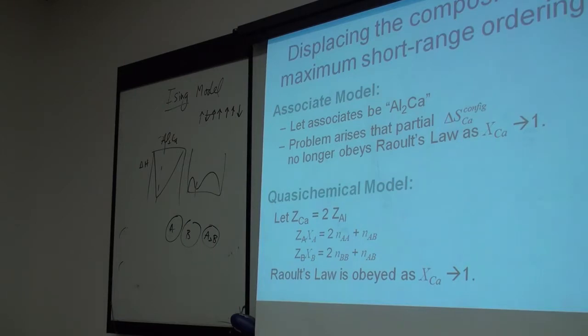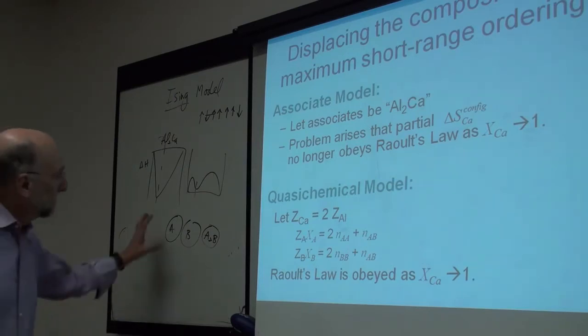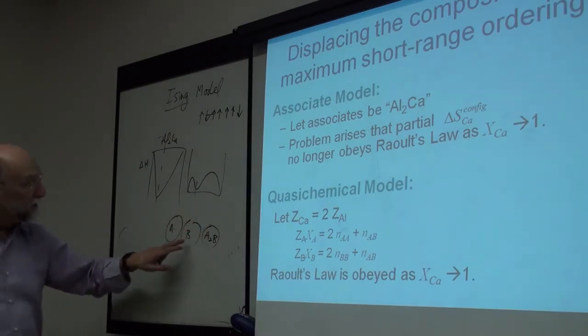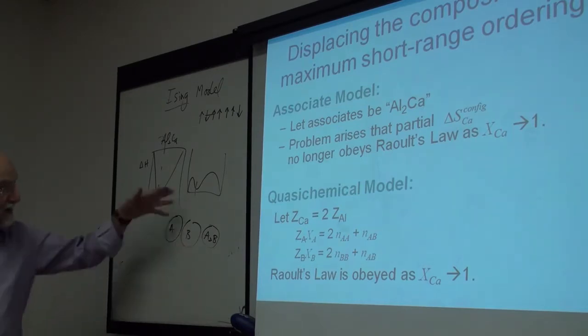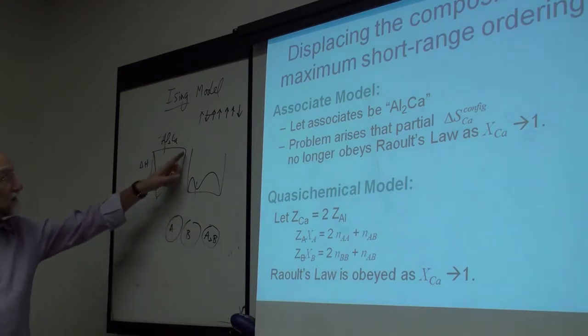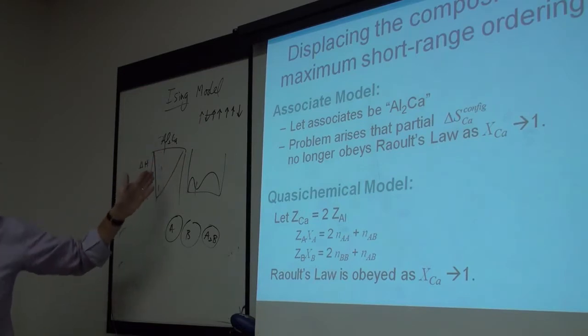There is a problem with this too: as X calcium approaches 1, it doesn't obey Raoult's law. If you have a very rich solution in calcium, experimentally, if you start with calcium and you add A, it obeys Raoult's law.